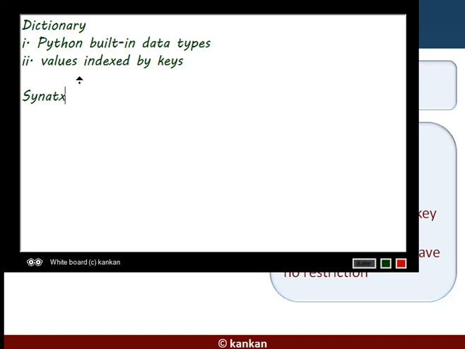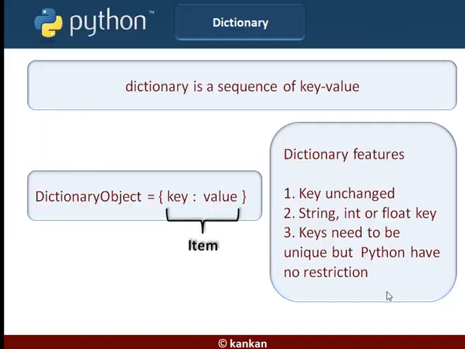What is a dictionary? Okay, it's also an inbuilt data type, but here key and value will be the item of the dictionary object.